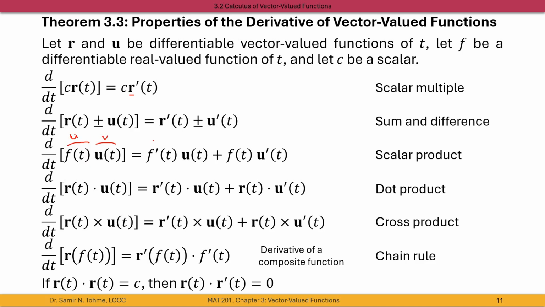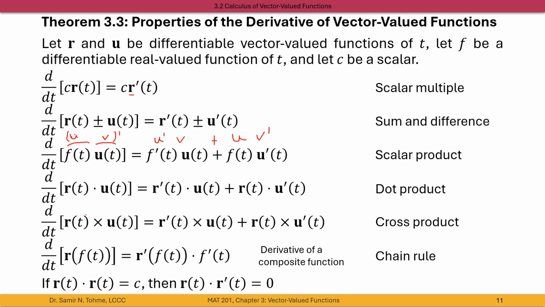This is the derivative formula we memorized from the previous courses, that the derivative of u dot v is equal to u prime v plus v prime u. If we have the derivative of the dot product of two vector functions, it's also the same formula. It is u prime v plus v prime u.